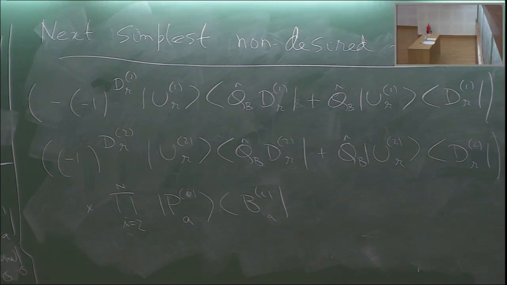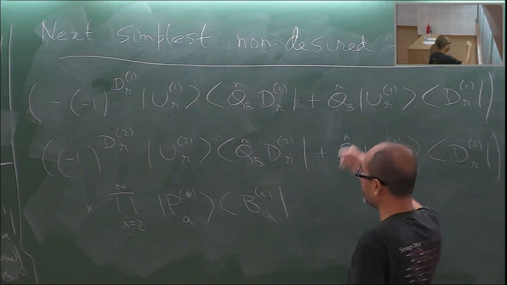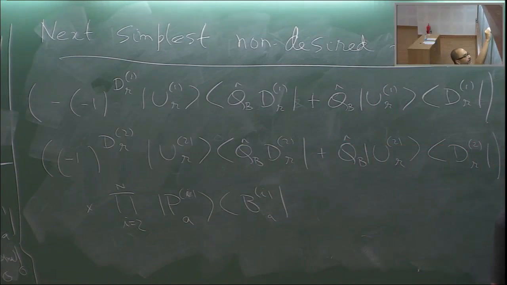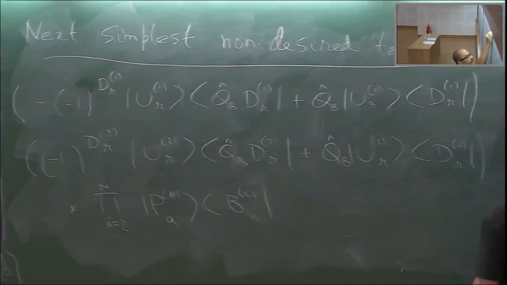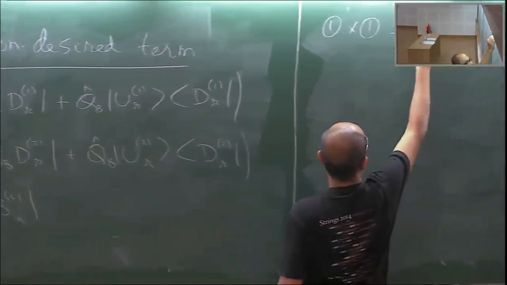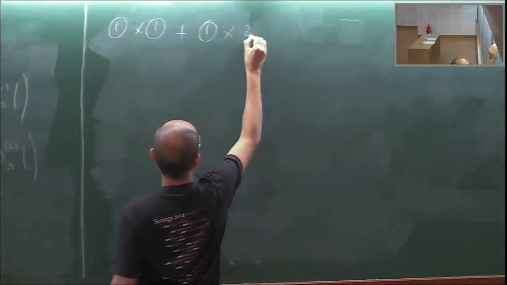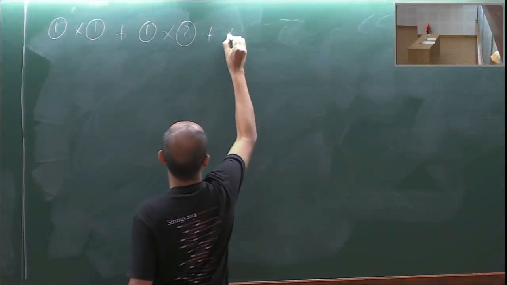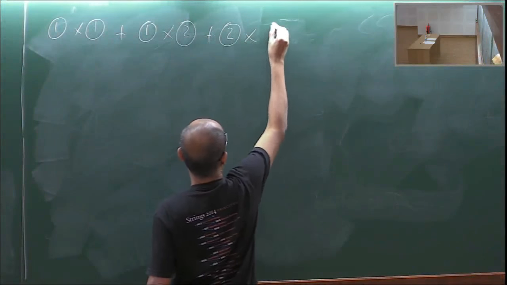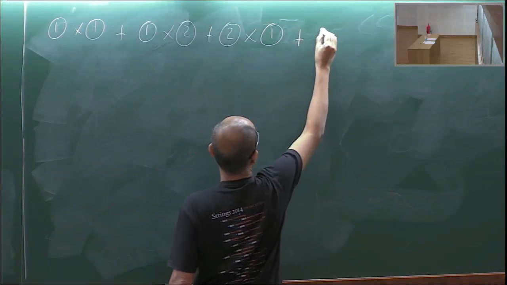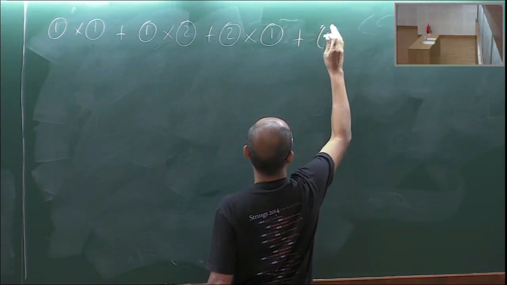So let me call these terms 1 and 2. So we have 1 times 1 plus 1 times 2 plus 2 times 1 plus 2 times 2.